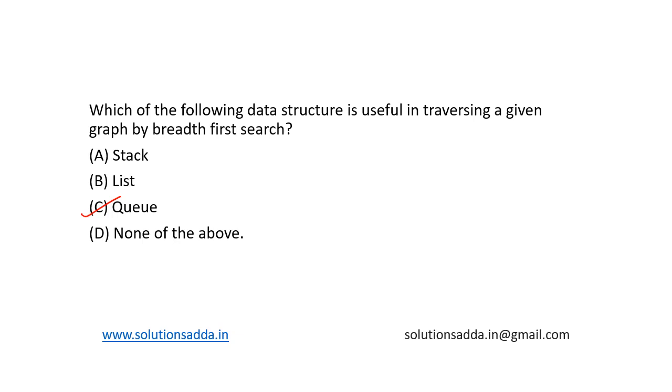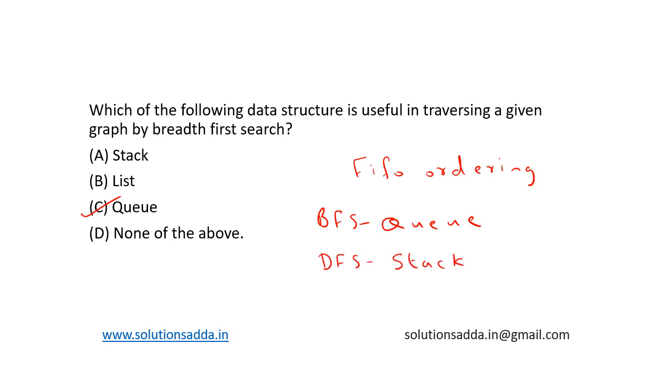A queue uses FIFO ordering, and the nodes that we enqueue first are explored first, maintaining the order of the traversal. So for breadth first search we use a queue, and for depth first search we use a stack. Here, the correct option is option C, queue.